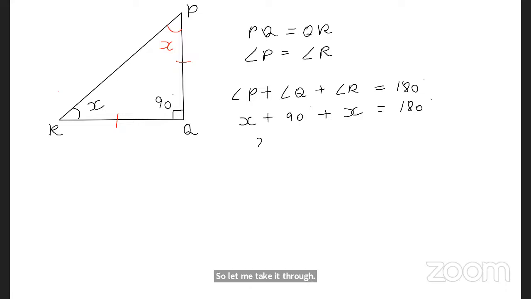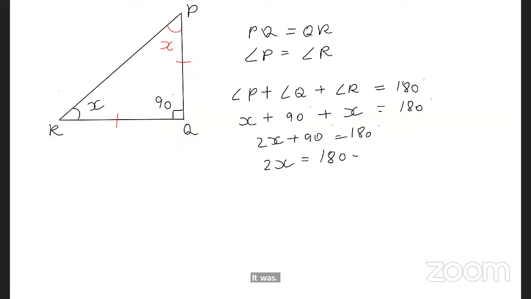So 2x plus 90 degrees equals 180 degrees. 2x equals, we'll take 90 to that side, 180 minus 90. So 2x equals 90 degrees. Then x equals 90 degrees divided by 2.